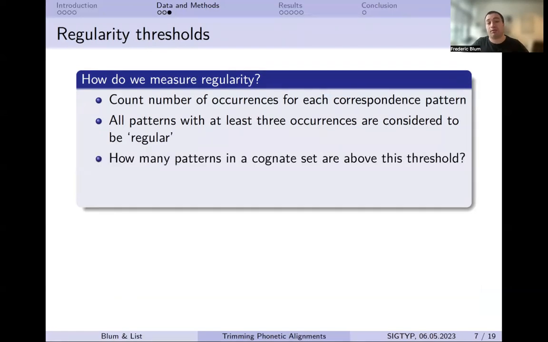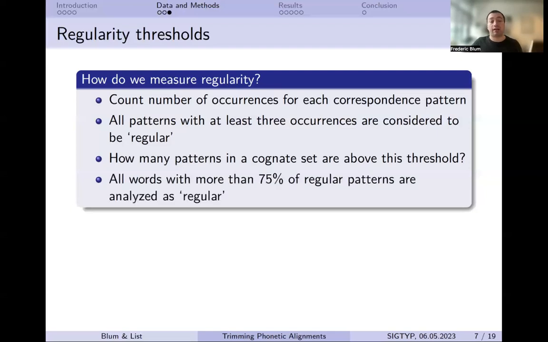In the next step, we go through all the cognate sets in the data and check for each cognate set how many of the patterns are above this threshold. And we decided that 75% is a good default value just for starting to work on the methods, so that at least 75% of the patterns in a cognate set have to occur at least 3 times in the data in order to consider a word to be regular as well.